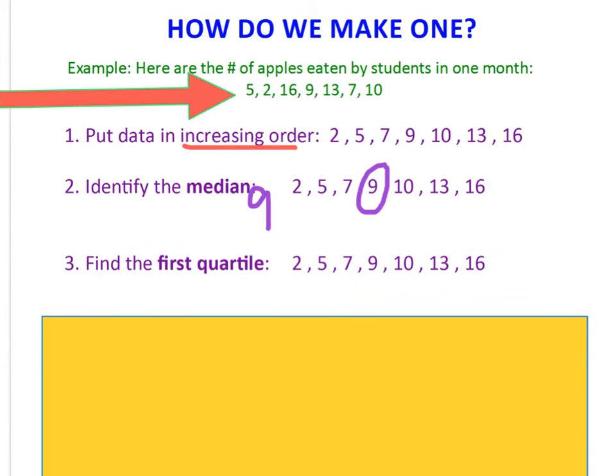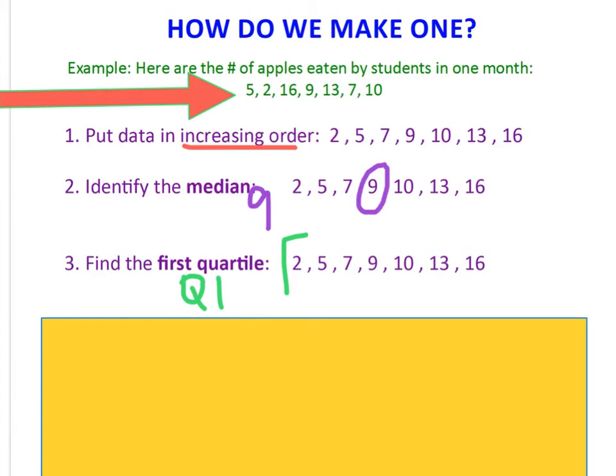Then I want to find the first quartile. The first quartile, or Q1, is the lower quartile. So I look at the numbers below my median. My median was 9.